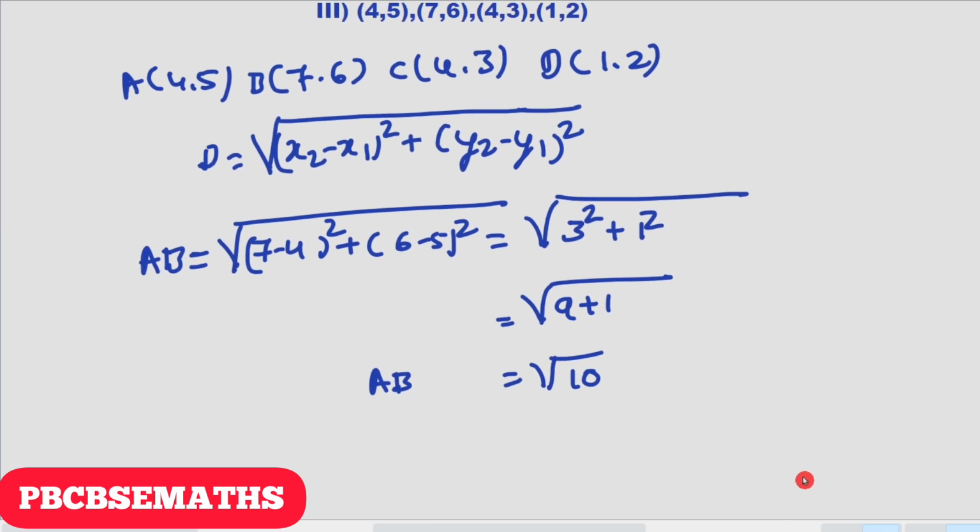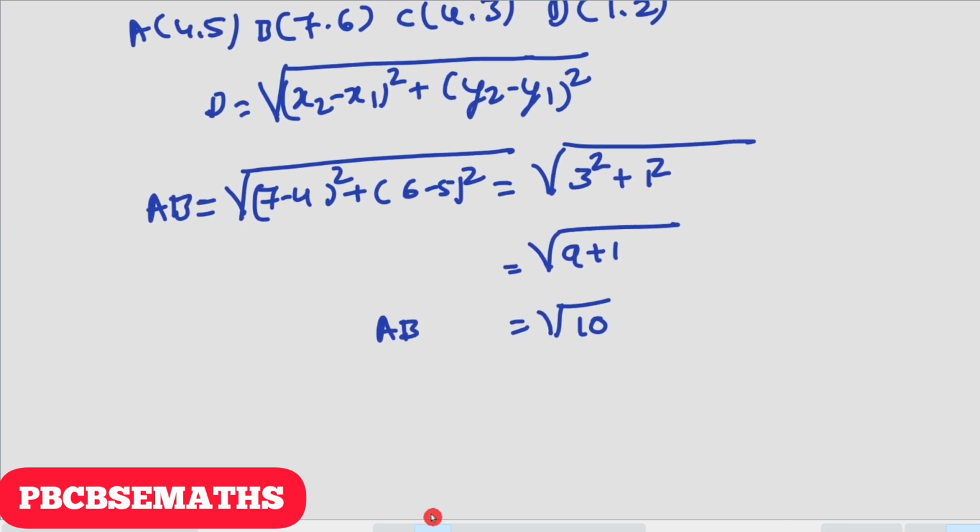Similarly, let's find the value of BC. So BC is equal to square root of, consider C as x2, y2 and B as x1, y1. Then we have (4 minus 7) whole square plus (3 minus 6) whole square.